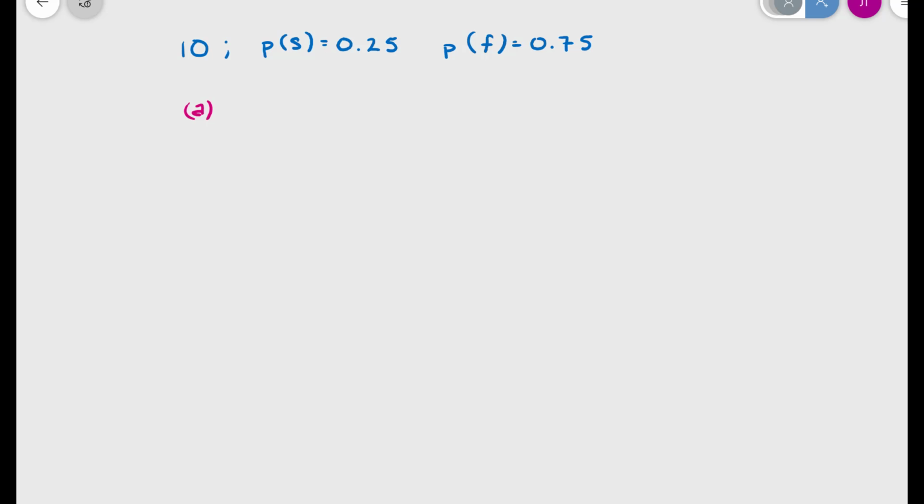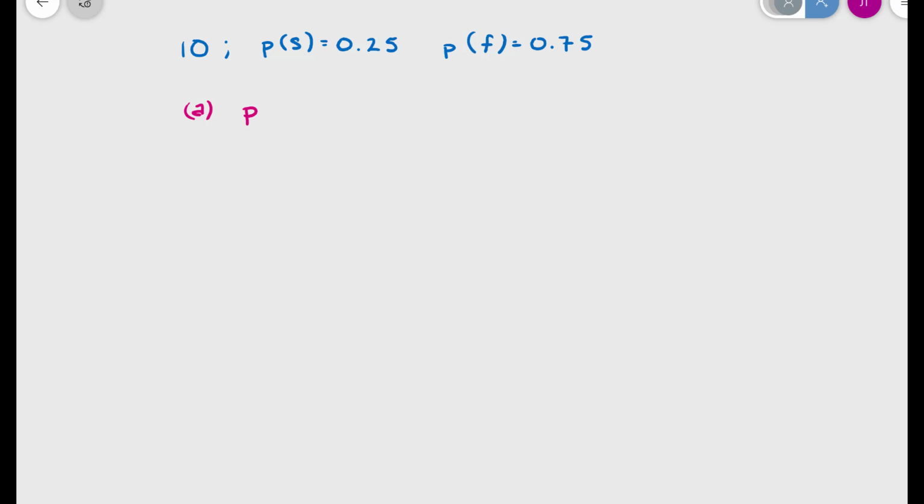I'm first going to make some algebraic notations, and then maybe this will make more sense to you. The total probability for all 10 questions should add up to 1. If we take the probability for every single outcome and add them together, we should get 1, because all of our probabilities are between 0 and 1, and the sum of the probabilities of all events should add up to 1.